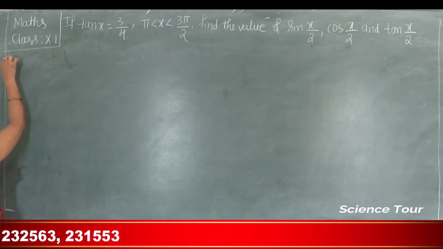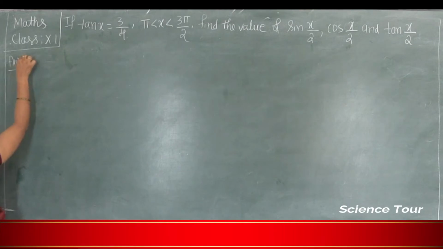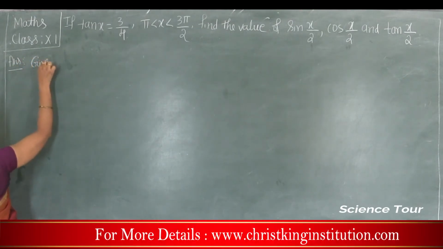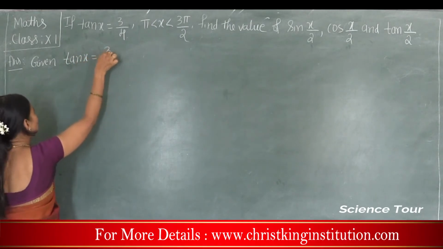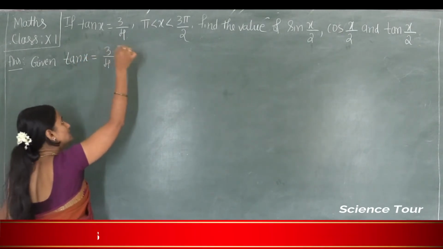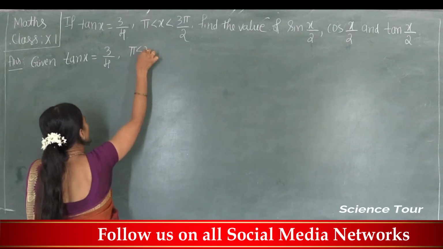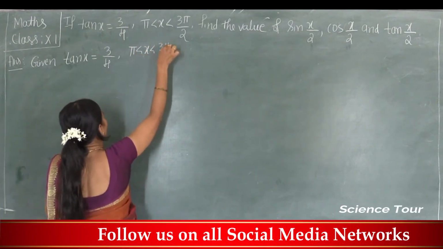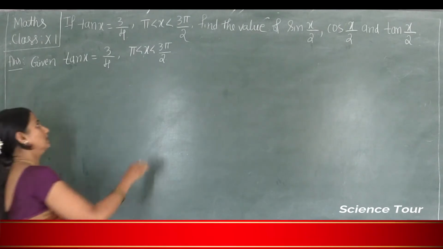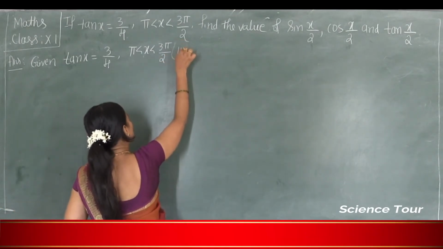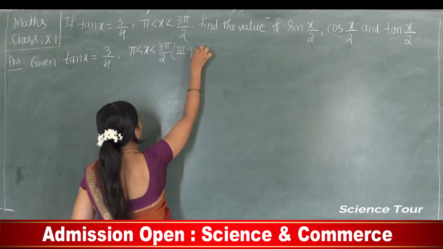So now first, the given is tan x equal to 3 by 4, and this x lies in which quadrant? Pi and 3 pi by 2 means it is the third quadrant, correct? Yes, it lies in the third quadrant.